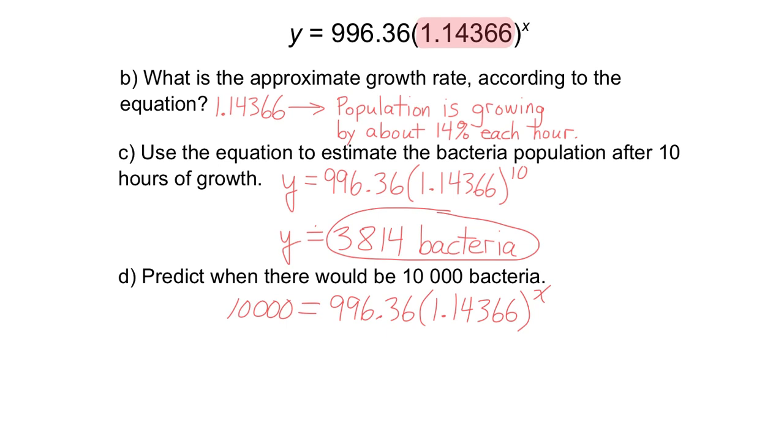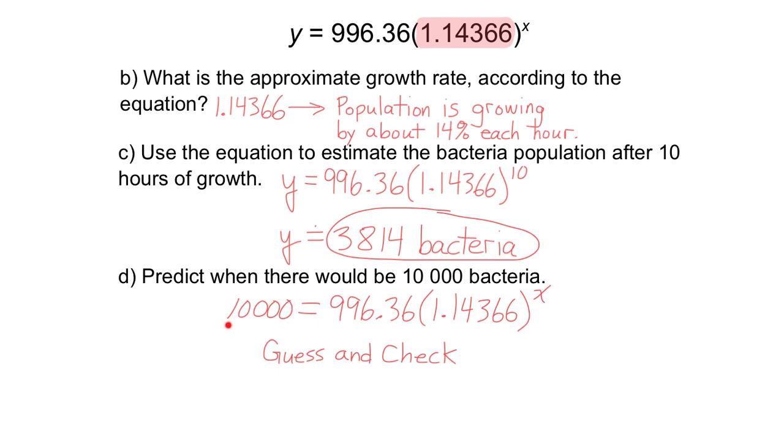For our purposes in this course, we're just going to use the method called guess and check. It's quite simple. We're going to guess a number to put in the x position. We're going to do the calculation with that value, and we're going to see what we get. If our answer is lower than 10,000, that means our x value is too low, and we try a higher one.